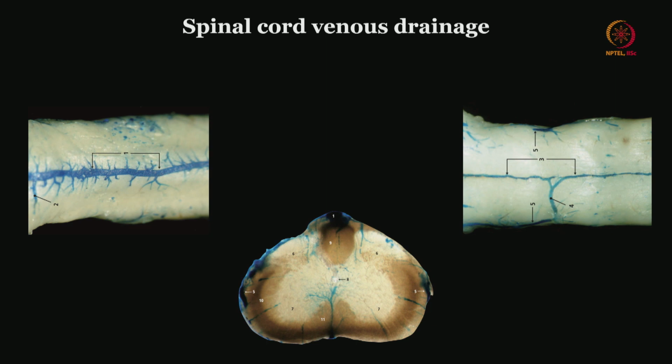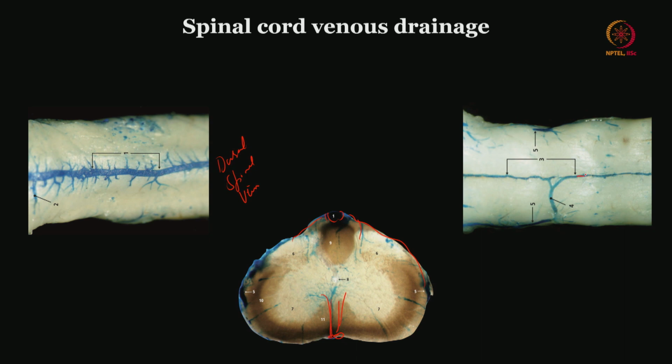You can see that this is the dorsal spinal vein. As I said earlier, that is the major vein that is seen there, and it takes away all the blood which has been given by the ventral spinal artery. This is the artery. There is the ventral spinal vein as well, which is very thin.